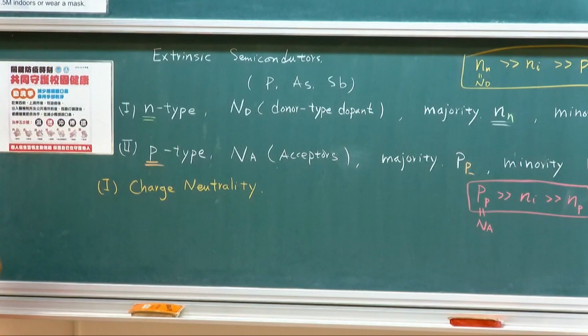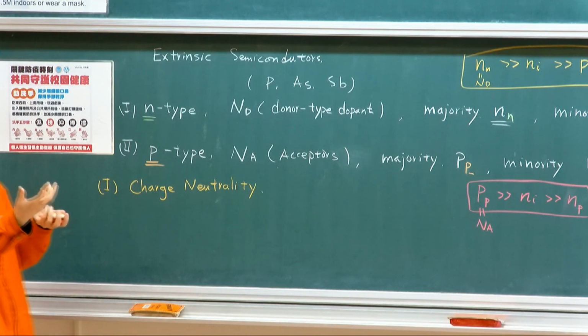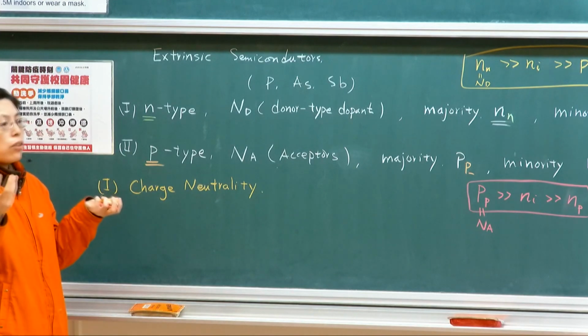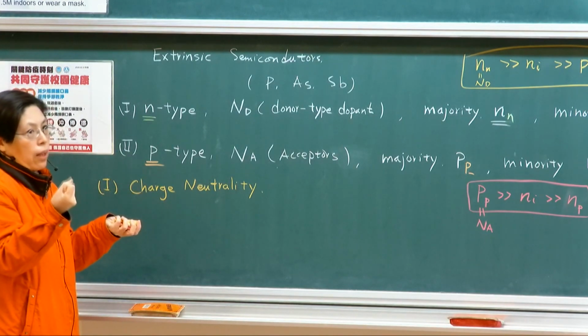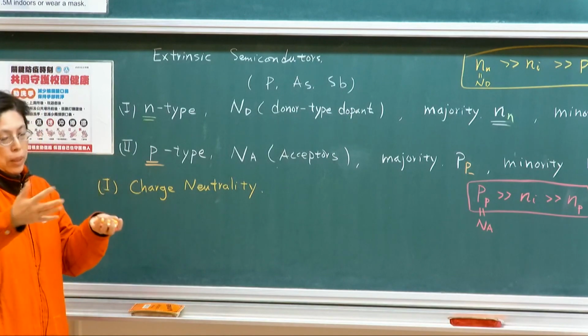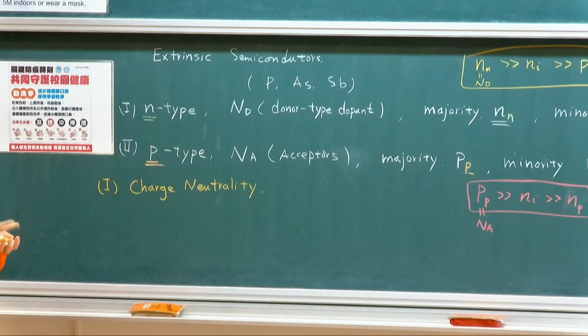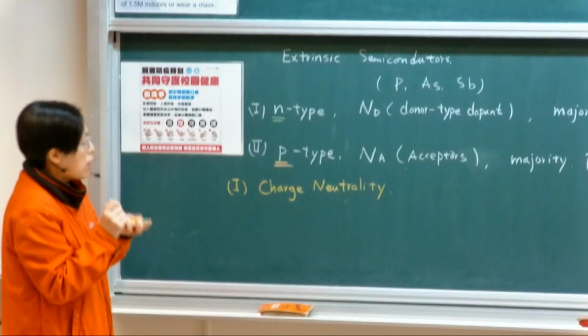One of the key important things you need to remember is that in a piece of material, you want to make sure that your charge is neutral. It does not contain any charge, otherwise it would be a charged element. So if you have a piece of semiconductor, the net charge is 0.